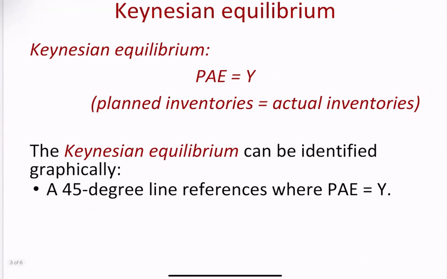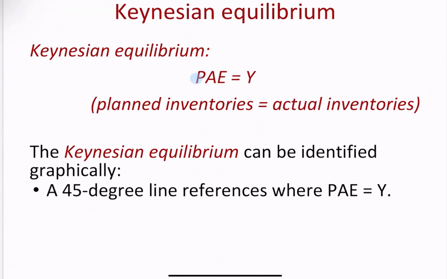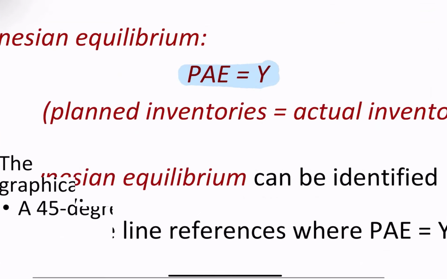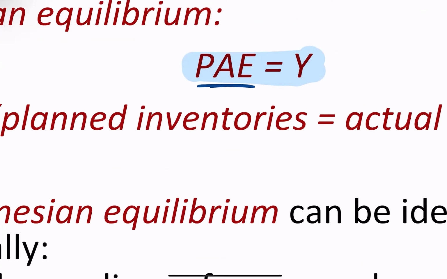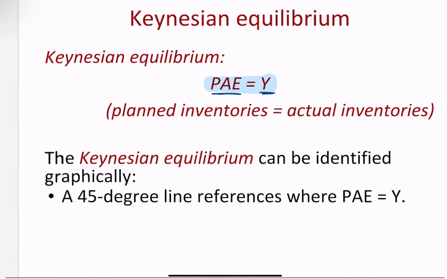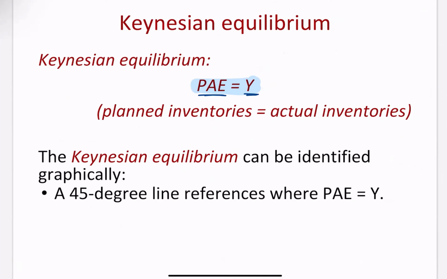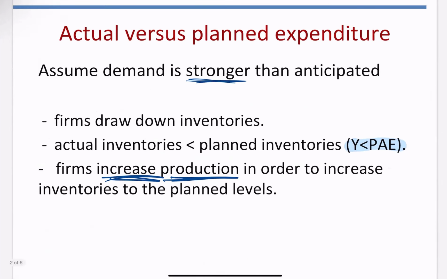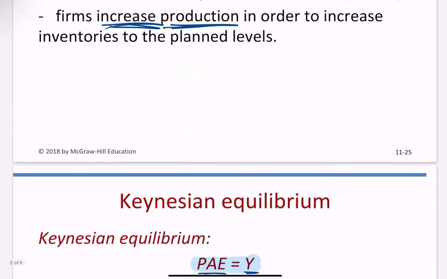Okay, here is the formula that I was just talking about. This is going to come in super handy. This is basically just showing that your planned is equal to your actual. So your PAE is your planned expenditure, which we had learned more about earlier in this unit, and Y is your actual. It's super convenient to have this in your back pocket, especially whenever you are looking to solve these previous problems.